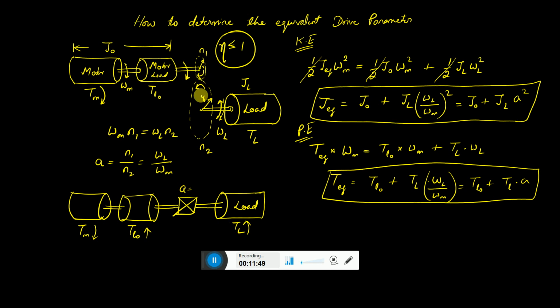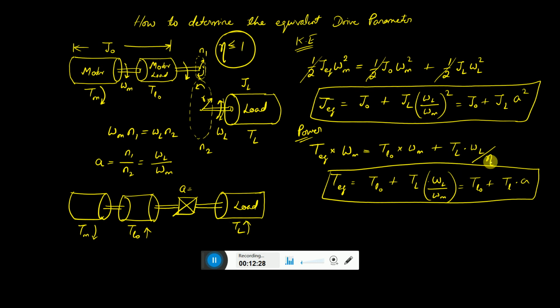If this efficiency comes into the picture, it will not affect the inertia but the power, so let me write down the equation for power. T into omega_m, the equivalent torque, is fine. You have a motor load, that is also fine. You have a load after this gearbox, which will be reflected on the motor end with a division by the efficiency.